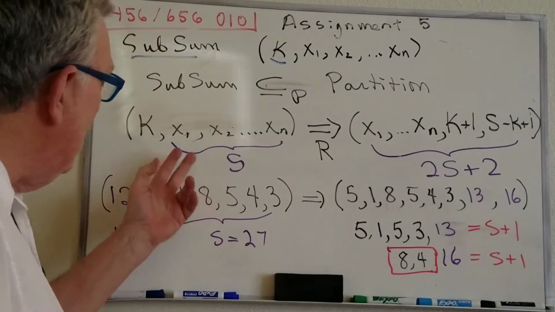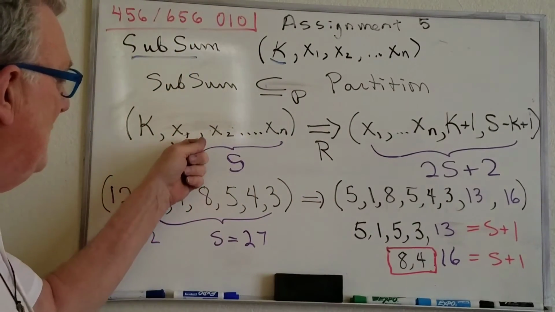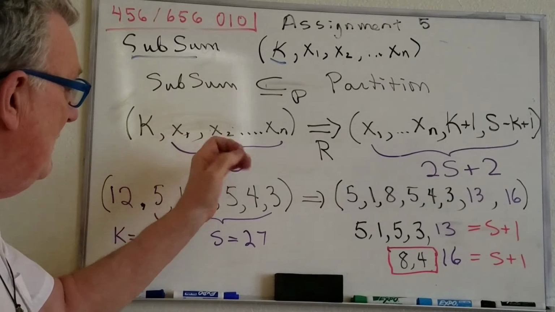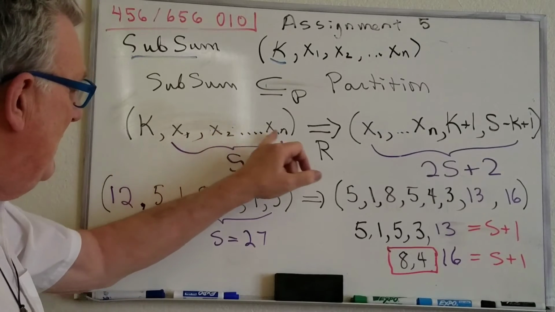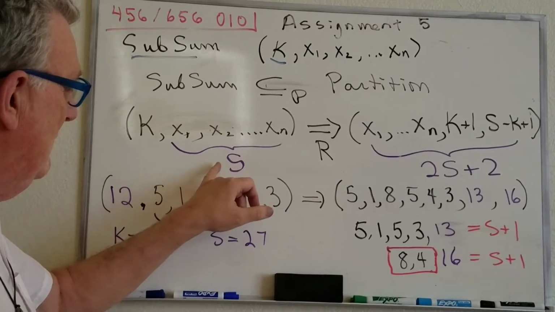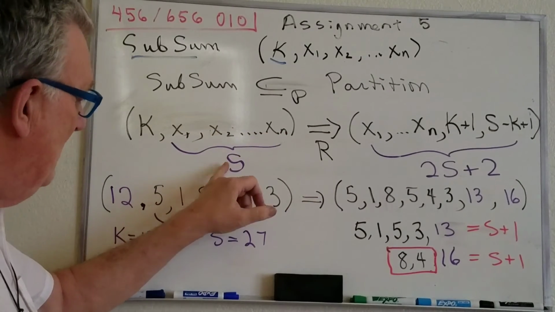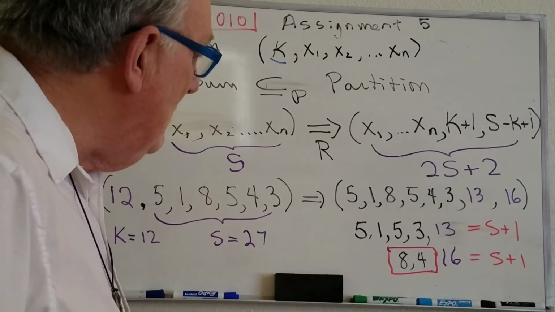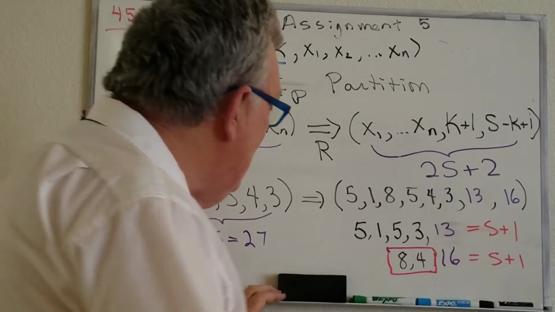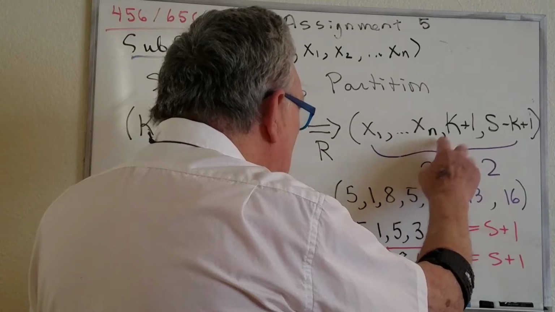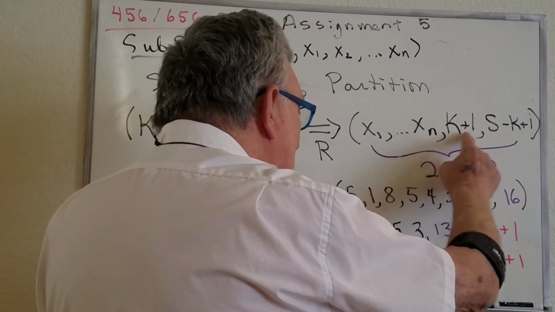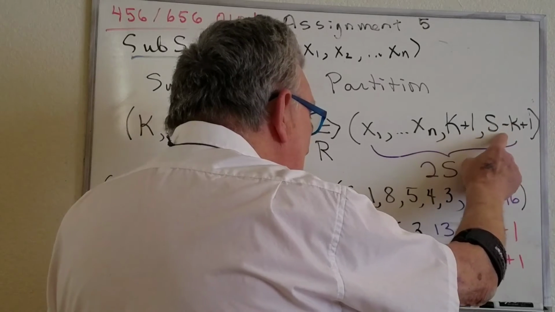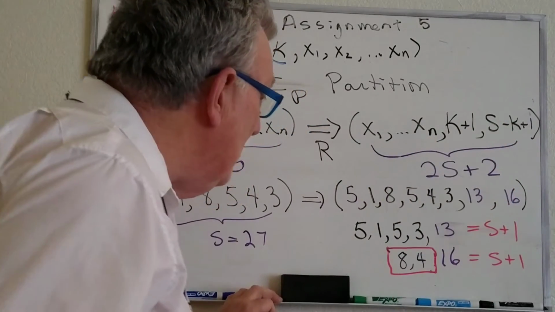Now the reduction. Here's an instance of the subset sum problem, an arbitrary instance. Now this value is k, and the sum of these values, we'll call it s for sum. Now what we're going to do is start with these objects here and create two more objects. One has weight k plus 1 and the other has weight s minus k plus 1.